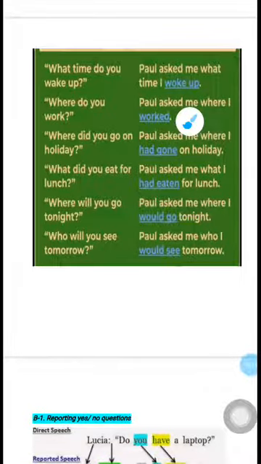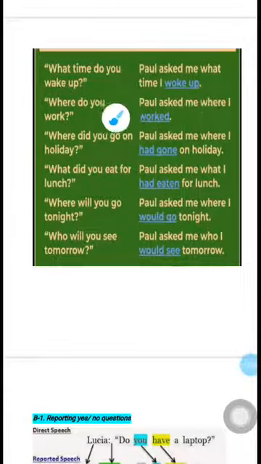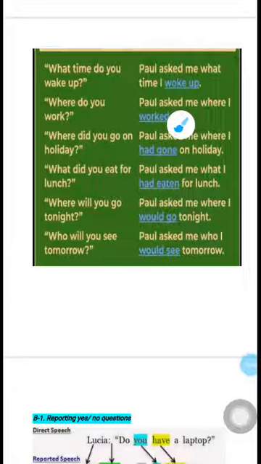Work in simple present, worked in simple past, and because Paul asked me, we replace you with the pronoun I. We don't have an auxiliary in reported WH questions, and we don't use a question mark in reported WH questions.